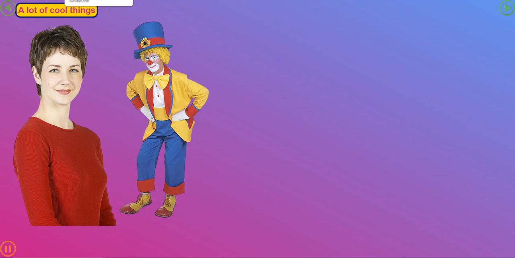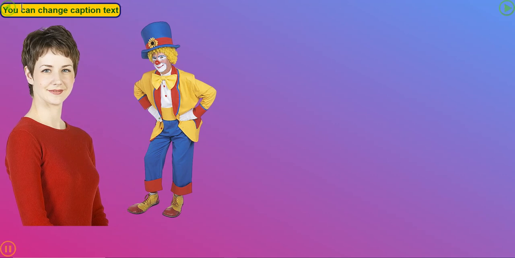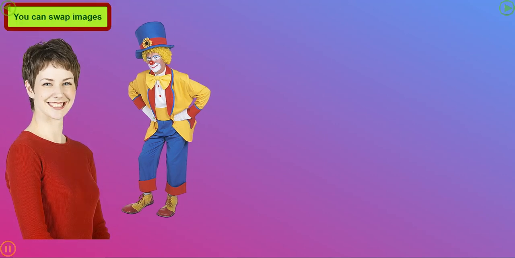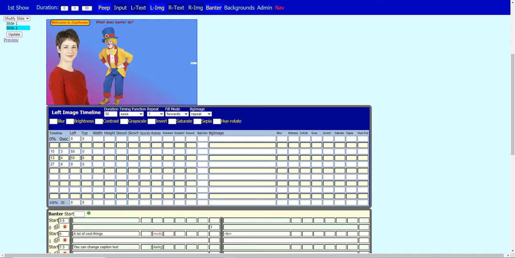And you can do that with the captions and the images, and it's a really handy feature. So that is the end of this lesson about banter. And you can see each of these things are pretty easy to deal with.